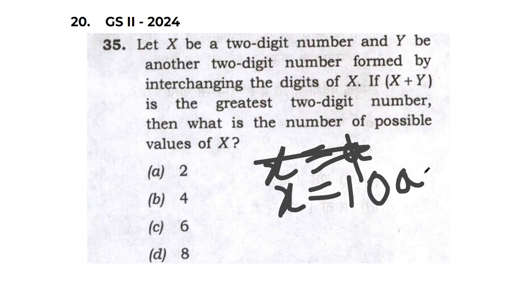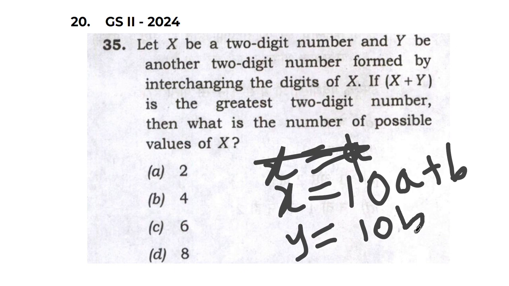Because a is in the tens place and b is in the units place. They are telling another number y is formed by interchanging the digits. When we interchange the digits, it becomes 10b plus a, because b will come into the tens place and a will go to the units place. So we know the two equations here.